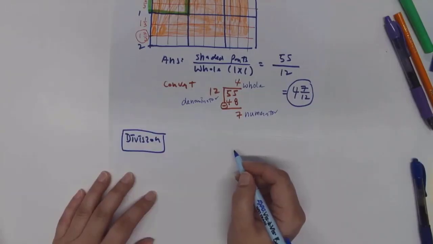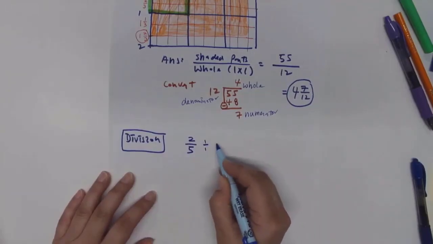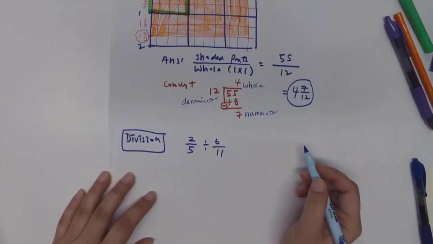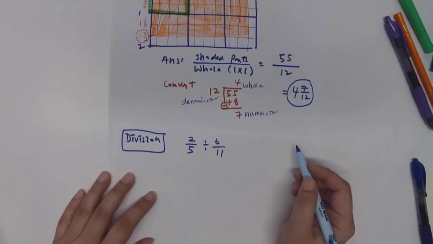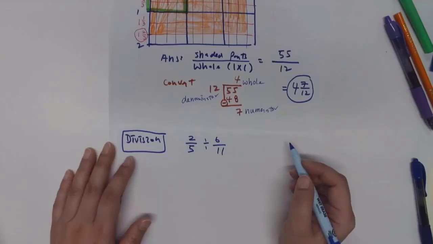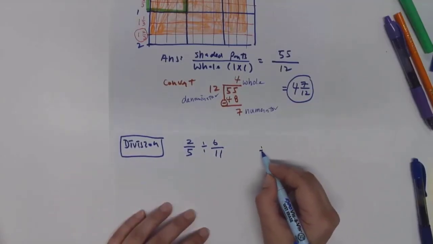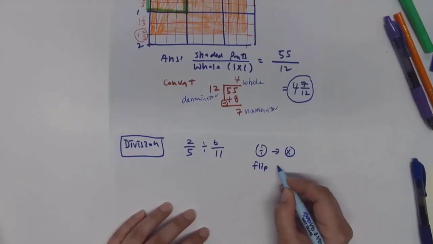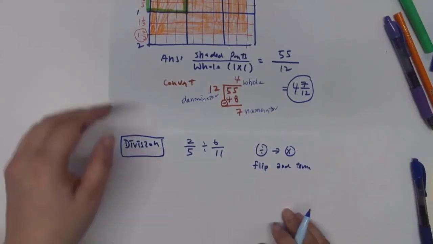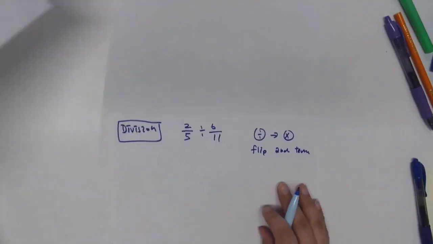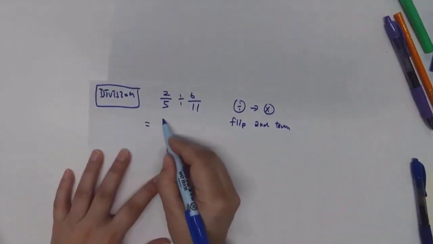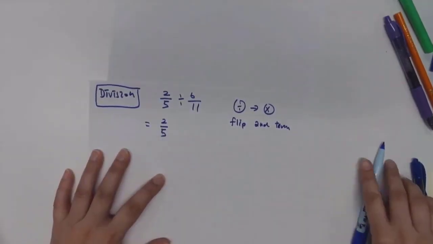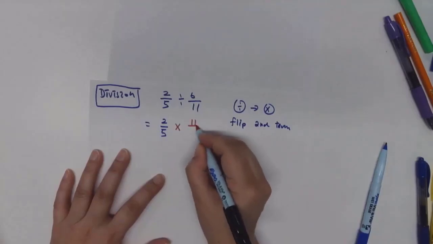When we do divisions in the regular world, how do we divide fractions? We need to change division to multiplication, and then flip which one? Second term. So that becomes 2/5 multiplied by 11 over 6.